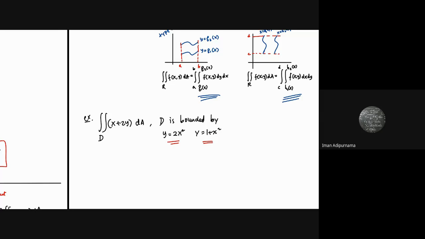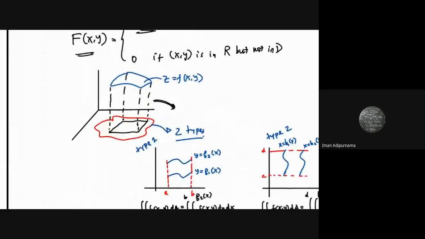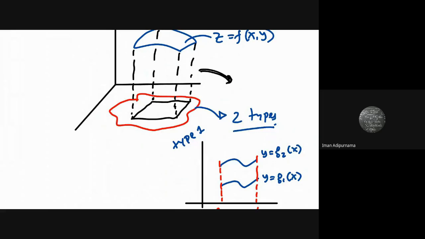So on the xy plane, we will have our set of bounds. And usually in multiple integrals, we don't really need to draw the volume. We only need to draw the area. Because if you see here, we need to know these bounds, right?